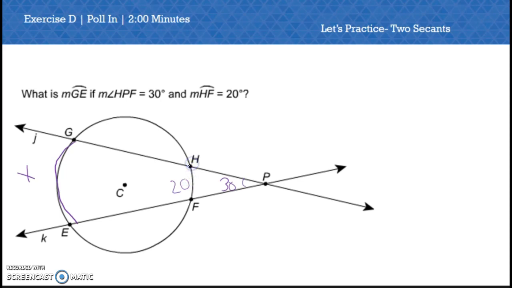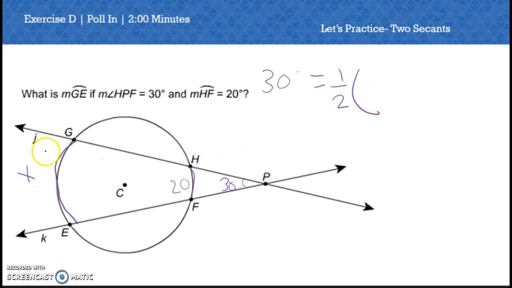So this is a little different because we're actually given the angle measure, and we need to find one of the arcs. Remember, the rule for this one was that the measure of angle, in this case HPF, so that 30, was equal to half of the difference, bigger minus smaller, of those arcs that it opens up to.